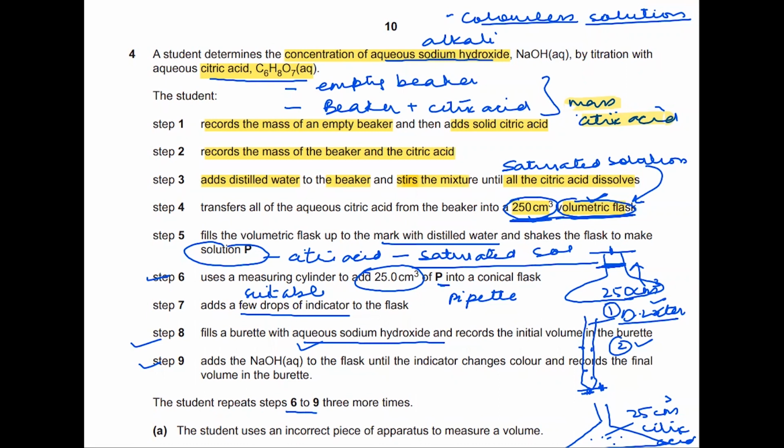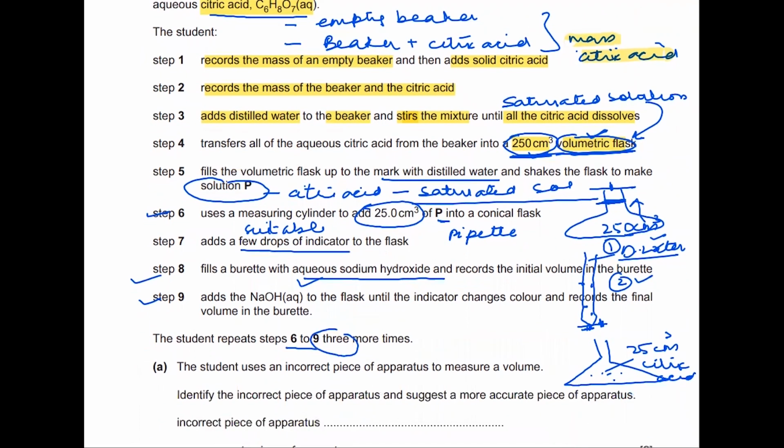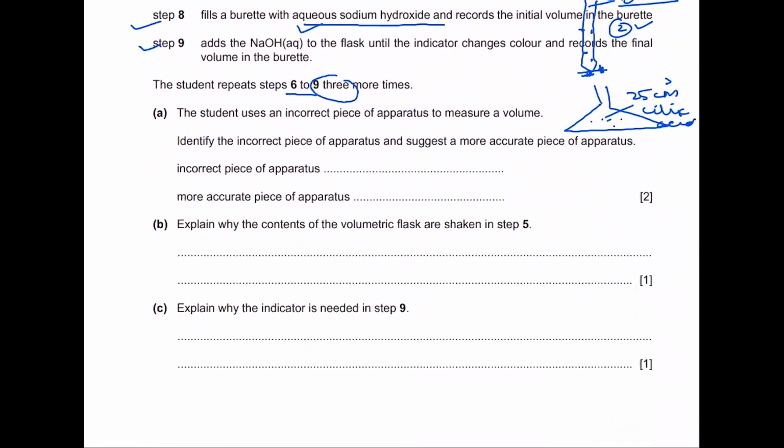So we will be performing the same titration with the same chemicals 3 times in order to have accuracy in results, because with 3 readings we can take the average of those readings. This is the whole procedure. We should be very careful while performing this procedure.